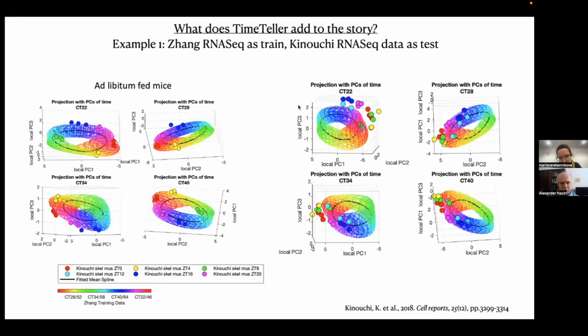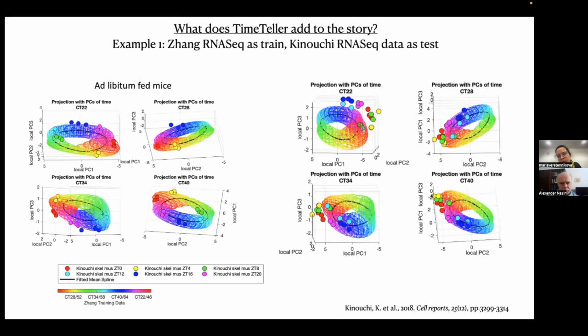Whilst if you take the data for the starved mice, not only does it fall outside of the model, you can even see a different ellipse, let's say.